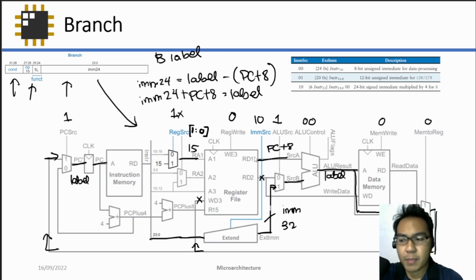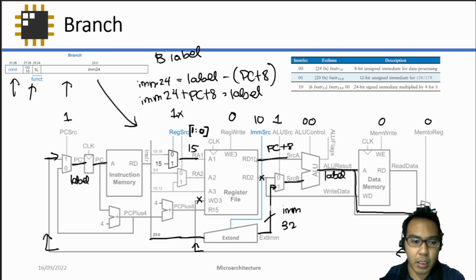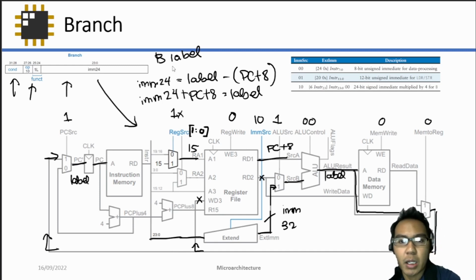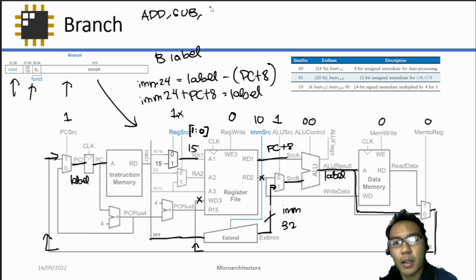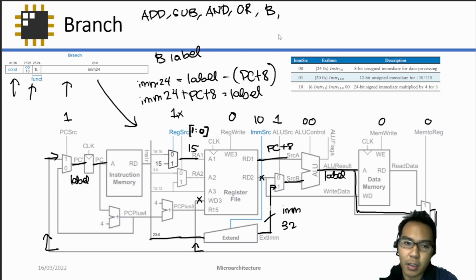So that's basically it for the instructions that we covered. A quick review so far with the thing that we've made right here. We can actually do add, sub, so you can confirm for yourself how sub would work, and or, branch.